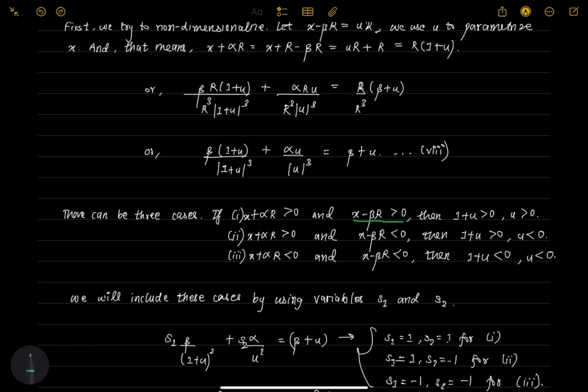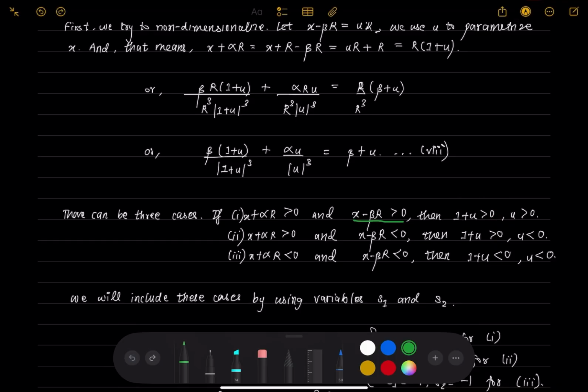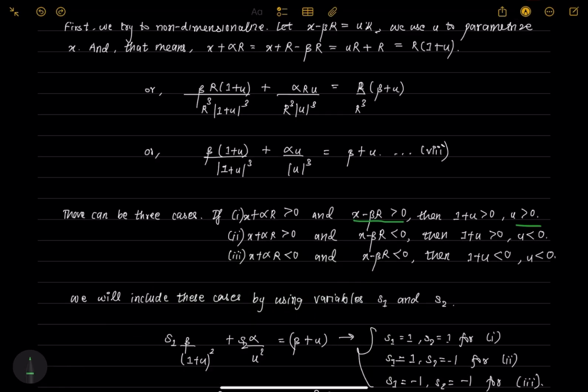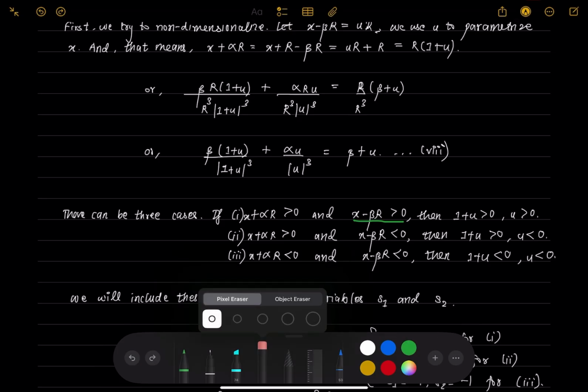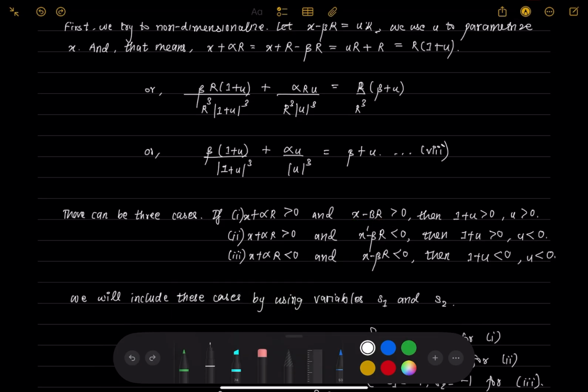That means that 1 plus u is also positive by the definition of what u is, and u is also positive. So both of them will be positive in that scenario.